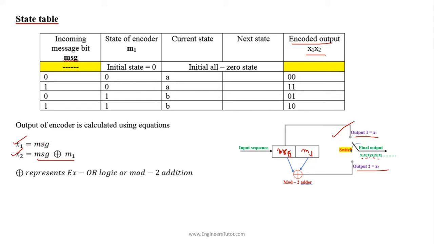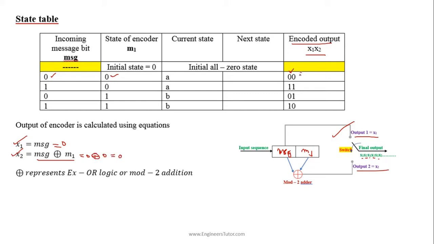Suppose MSG is 0; we get x1 equal to 0. And x2: M1 is 0 and MSG is 0, so we get 0 plus 0, which is 0.